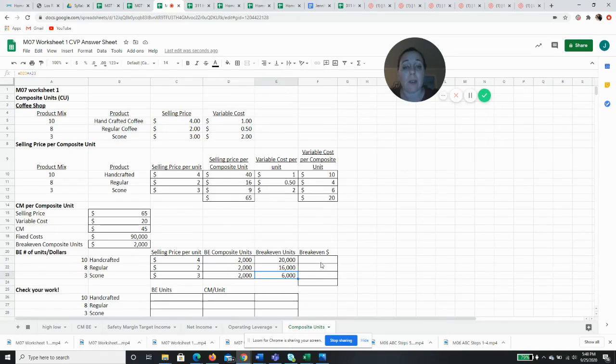If I want to calculate my break-even dollars, I can do it one of two ways. I can either multiply my break-even units by my sales price per unit. So for handcrafted coffee, that'd be $80,000.